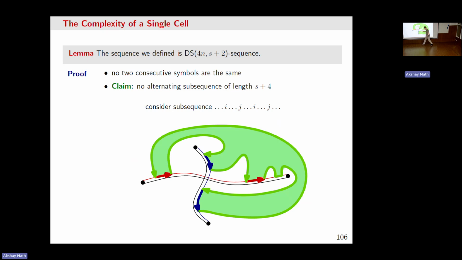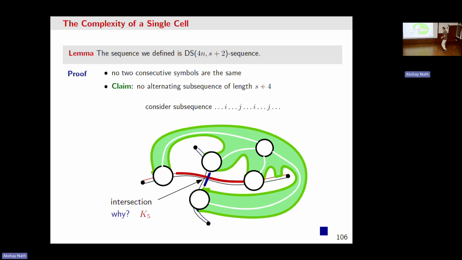Each of these 4 pieces corresponding to Ij becomes a node. And I put a node in the interior of my cell. So those are my 5 nodes. What are the edges? Well, for instance, I know I have an edge from here to here, because I follow the boundary of my cell from here to here.